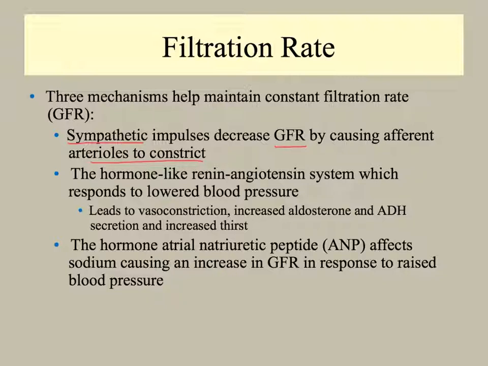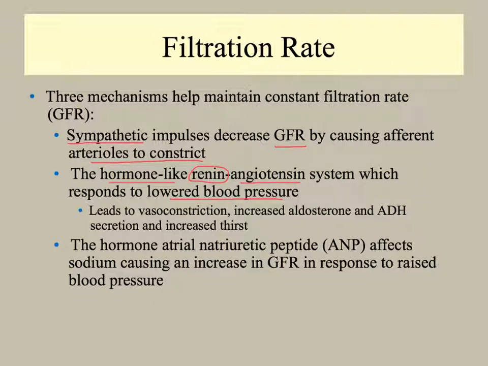The hormone, and it's hormone-like because renin is actually an enzyme. This renin-angiotensin system responds to lower blood pressure. Renin is an enzyme produced by the kidney. It acts on a protein in the blood, a protein made by the liver called angiotensinogen, and turns it into angiotensin 1.